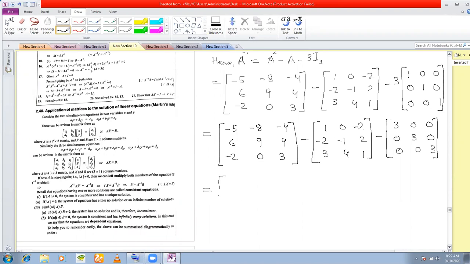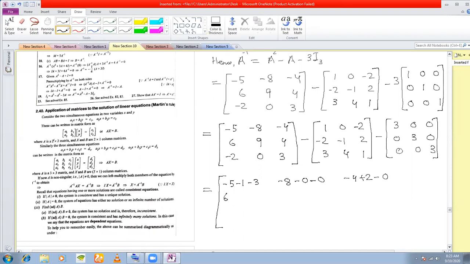So let us now compute. First row: minus 5 minus 1 minus 3, minus 8 minus 0 minus 0, and then minus 4 plus 2 minus 0.